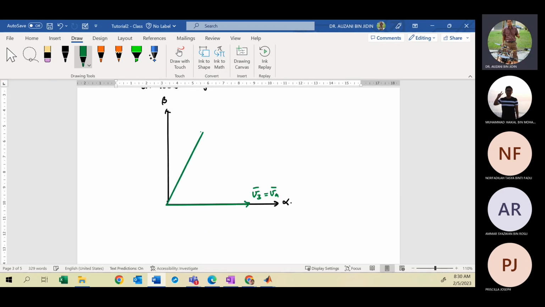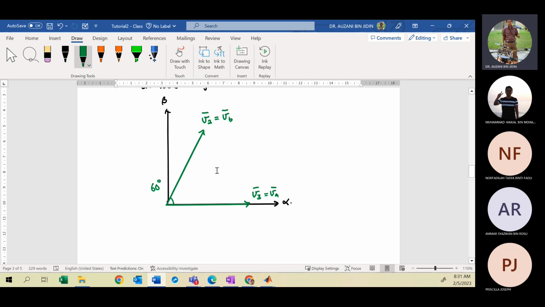Same length as V3, but the angle for V2 must be 60 degrees from the alpha axis, the real axis. So here will be V2, where your V2 will be the VB vector. Remember the angle here is 60 degrees.